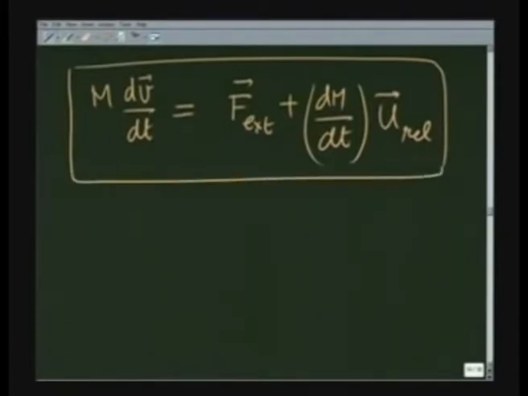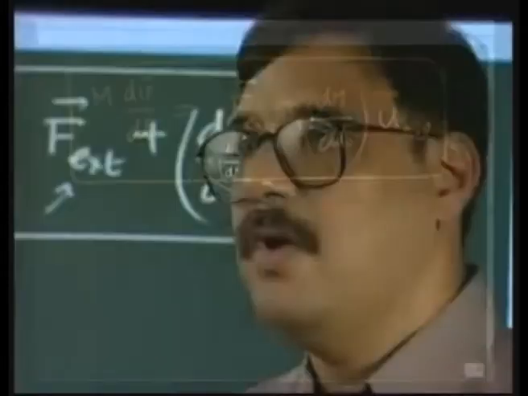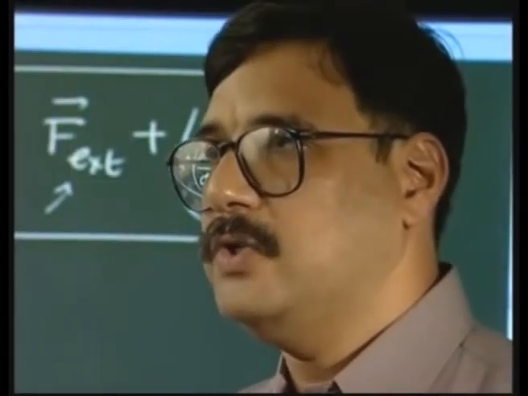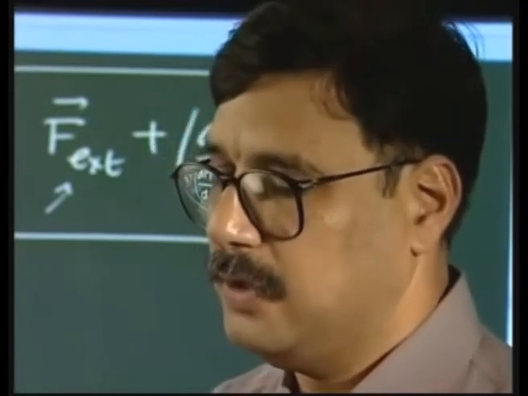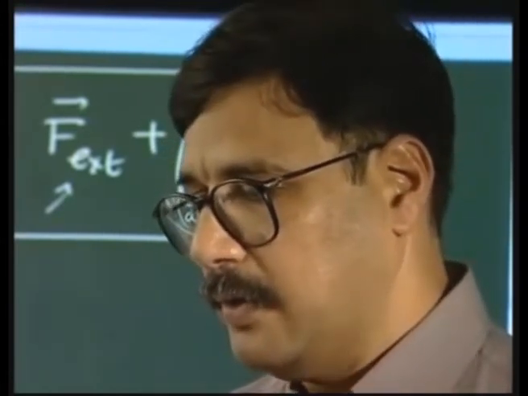Mind you, the total momentum is still changing according to this, but I am focusing on one particular system on which the mass is adding on or from which the mass is going out.